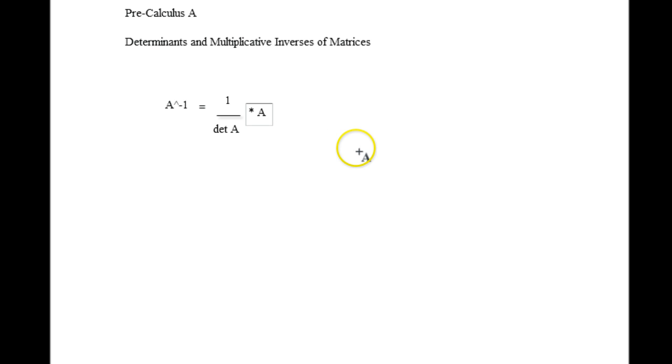But the determinant is hugely important, because to get a multiplicative inverse of any matrix, A inverse is going to be equal to 1 divided by the determinant of A, whatever the matrix A is, and you're going to multiply this by matrix A. That's how you get the actual inverse matrix.